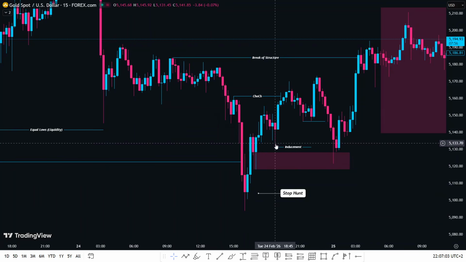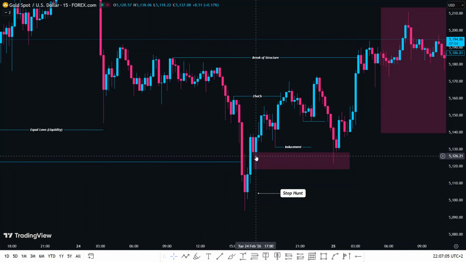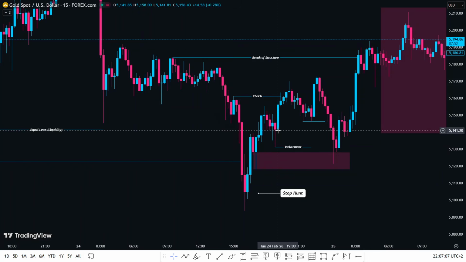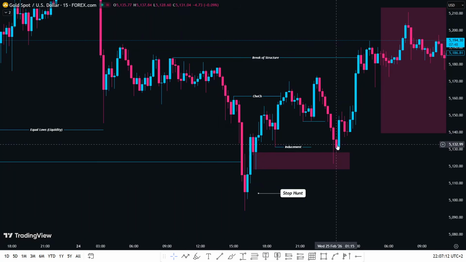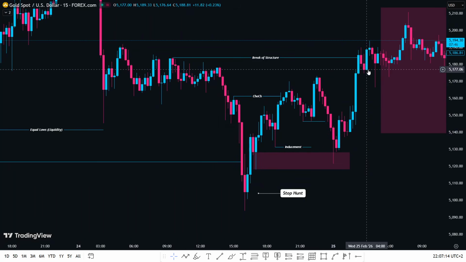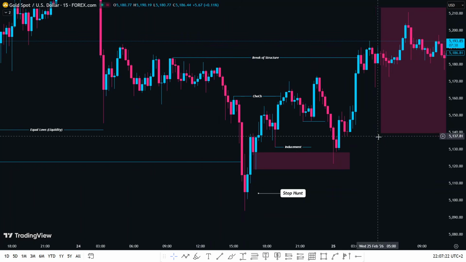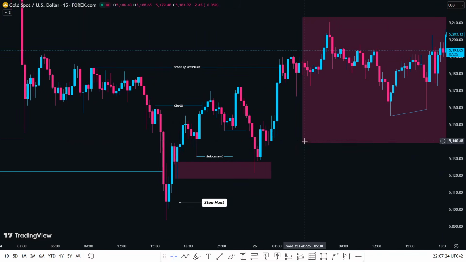But an inducement is just a move which trades away from an untested area of support. Then we create a break of structure or a change of character, then after that we show that area right here while targeting these relatively equal highs as liquidity. This is basically what it is.